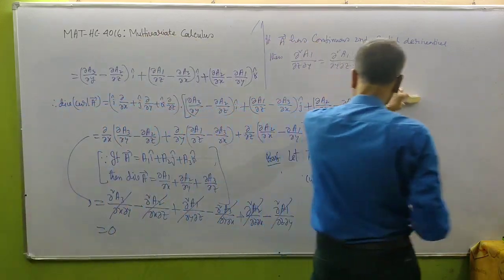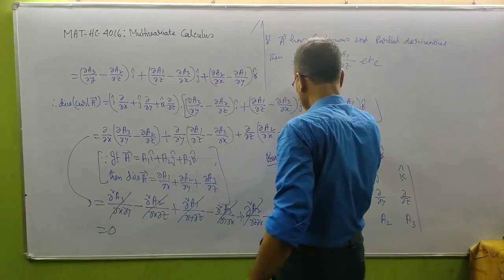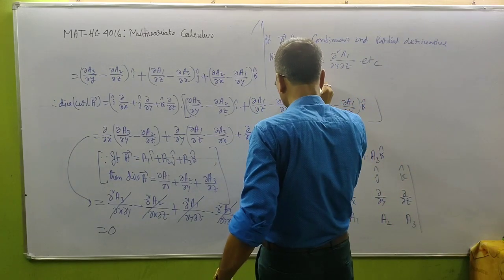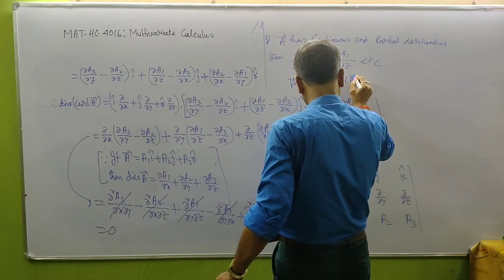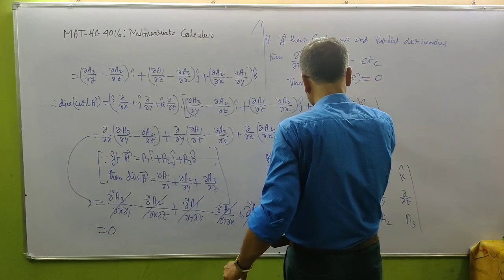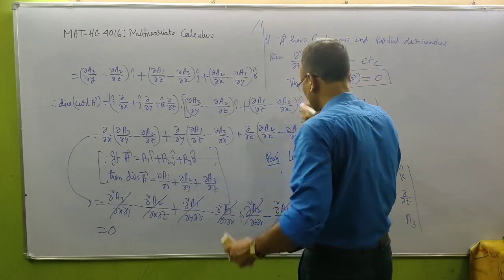Thus, divergence of curl A vector will be equal to 0.